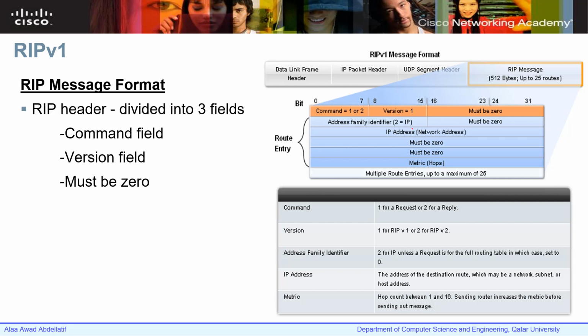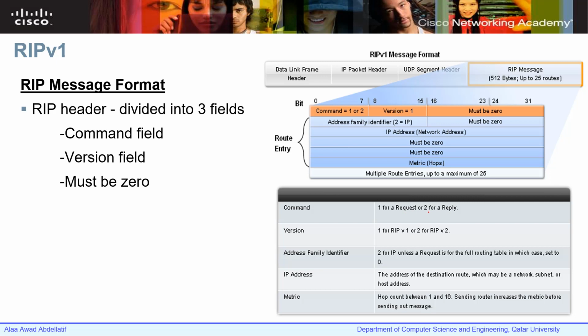The version is the version of RIP. It's version 1 or version 2. So we define the version of RIP using the version field. The command defines the type of the message. If the command is 1, it means it's a request. I am sending a request to other routers, requesting information from them.